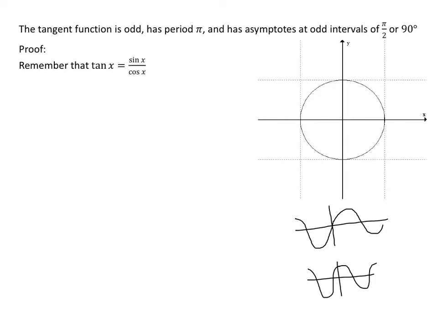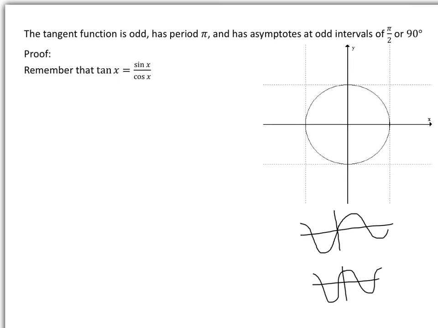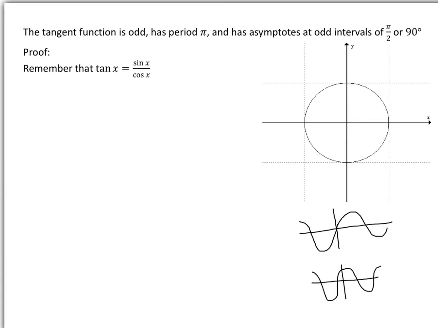Which means that if I put in a negative value for x in both of them, you get that the tangent of negative x is equal to the sine of negative x over the cosine of negative x.